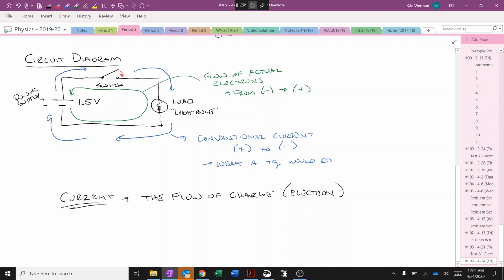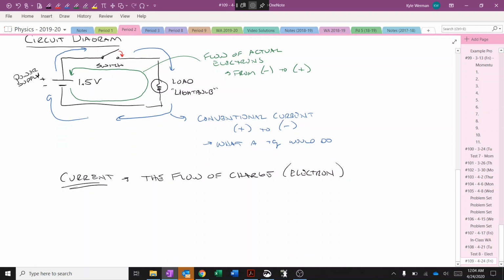And if you think about current as water, if you would describe the current of a river or some kind of moving water source, you would really try to measure that as the amount of water molecules that pass by you over a period of time. If it's a really fast current, you would have a lot more water flowing past you in the same amount of time. And that's really how we think about current with electricity.